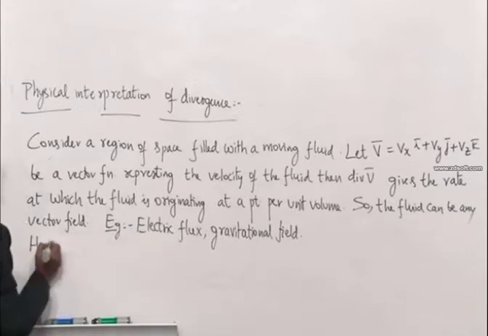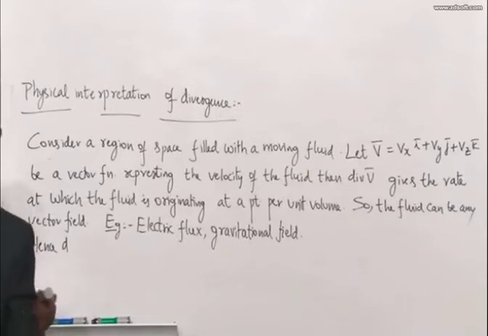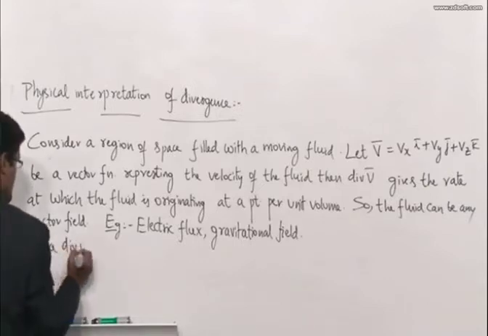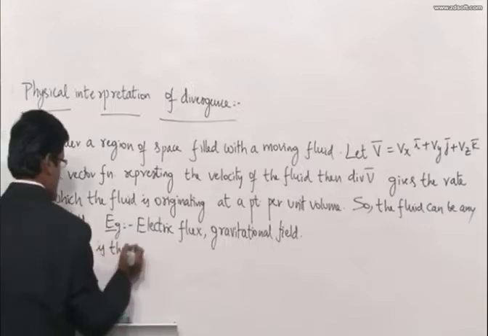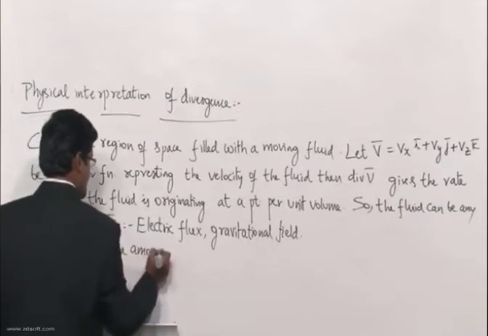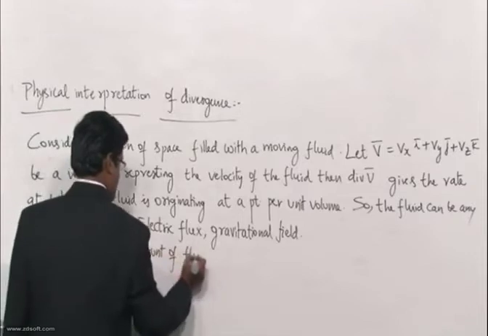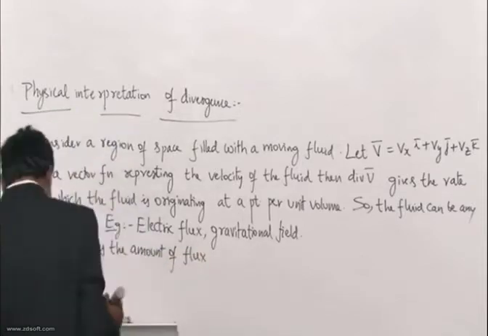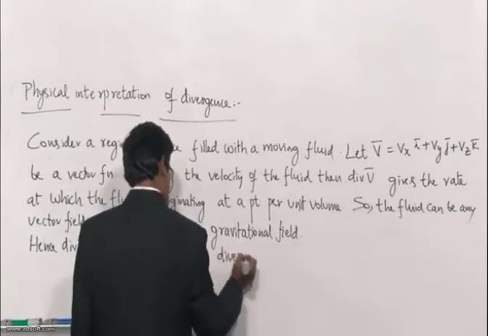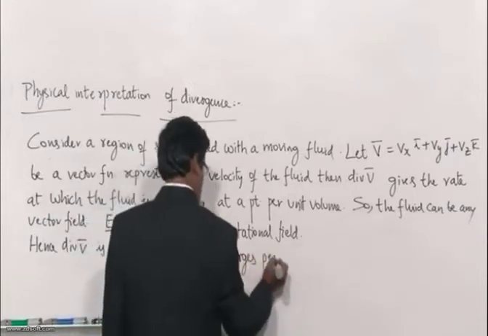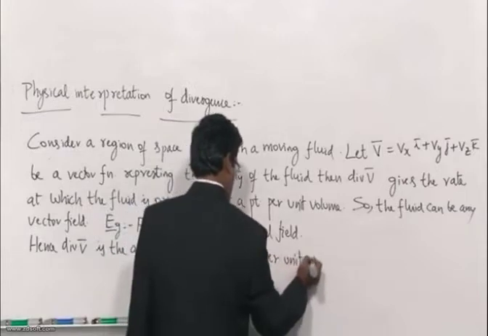Hence, div V bar is the amount of flux that diverges per unit volume.